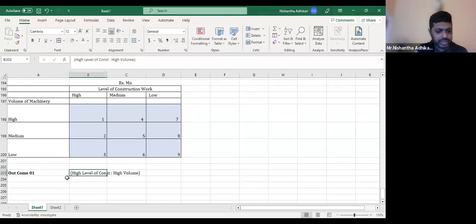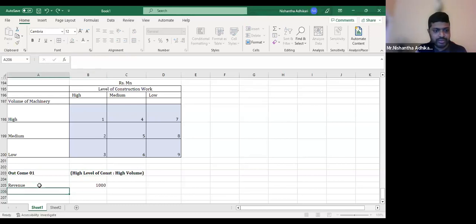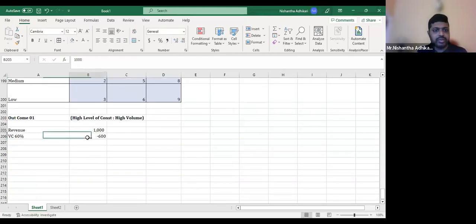If this is the arrangement, the revenue is 1,000 million. Variable cost will be 60%, so 60% of 1,000 is 600 million. Then the contribution is 400 million.